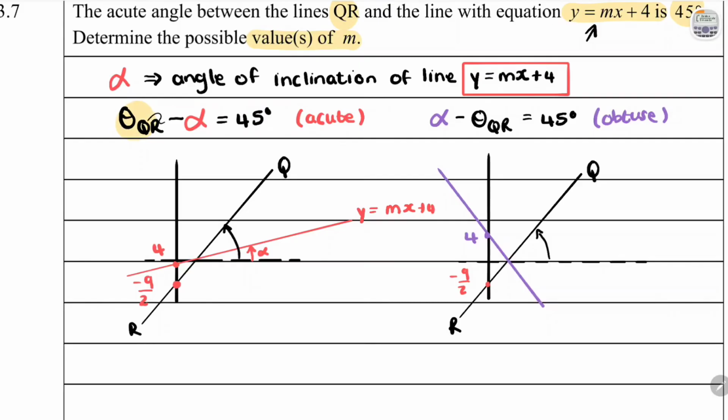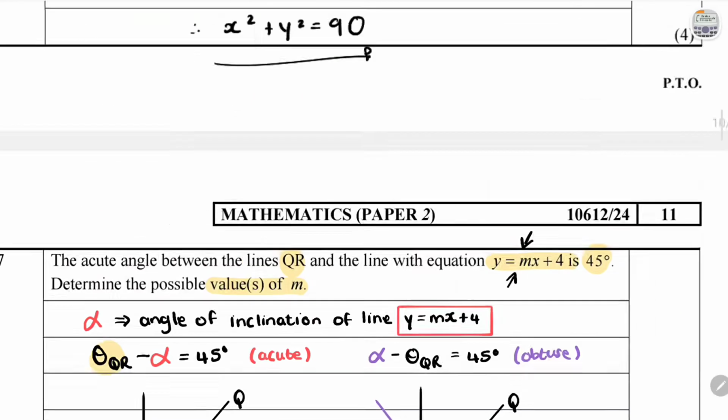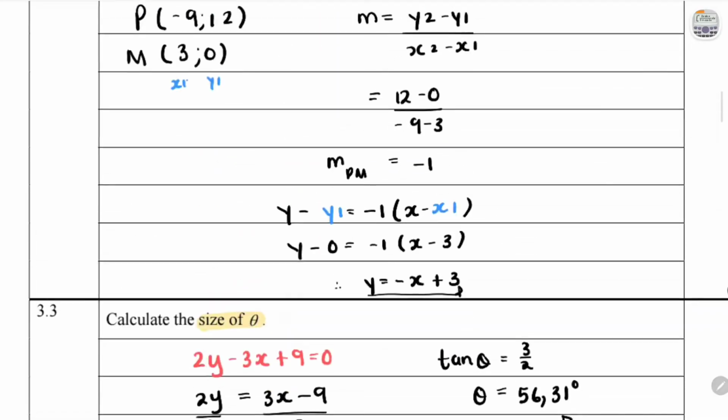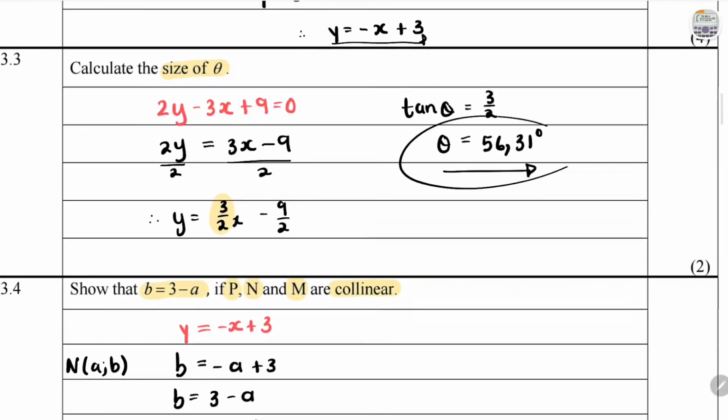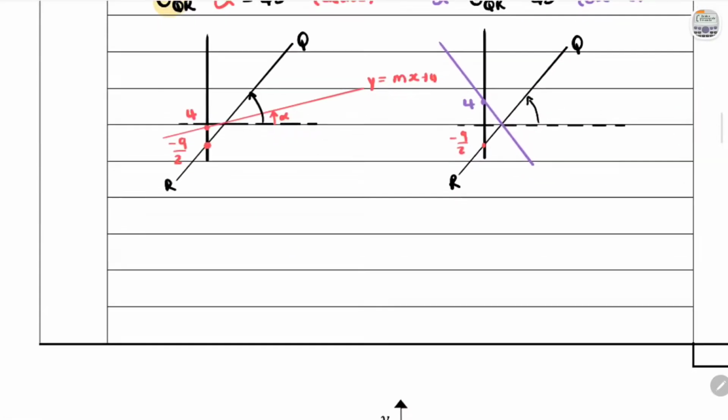Well, we have the value of this angle, so we can find out what alpha is immediately. Okay, so let's try and find alpha by finding that angle. We already had it. They asked us to find the angle of inclination at some point, and that was 56.31 degrees. So let's use that angle.